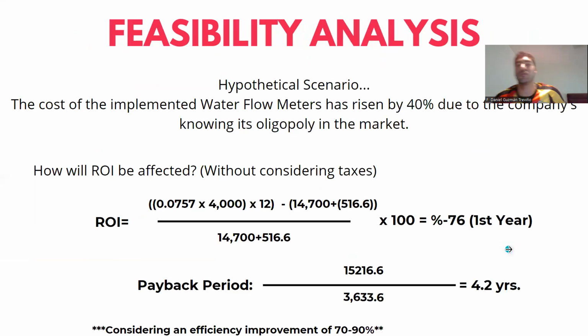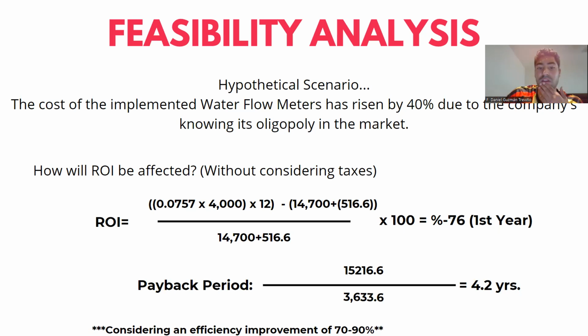Now, there's the situation where the water flow meter makers know that they are in an oligopoly and not many people produce this type of flow meters. So they decide to raise their prices by 40%. So how would the return on investment be affected without considering the taxes? Well, actually, the taxes are already in the price value.